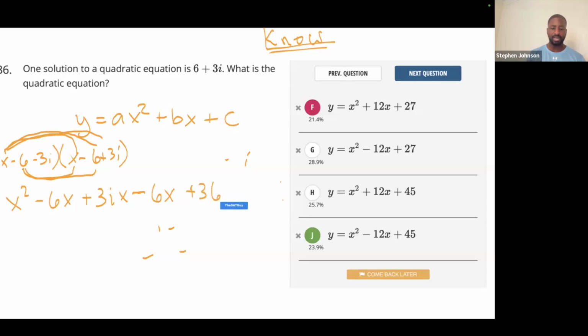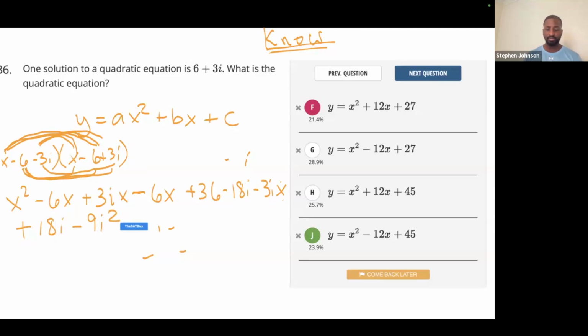And negative 6 times 3i is minus 18i. Lastly, we have negative 3i times x, so it's a minus 3ix. And then negative 3i times negative 6, which would become, I'll just write on the second line, plus 18i. And then negative 3i times positive 3i, which is minus 9i squared.